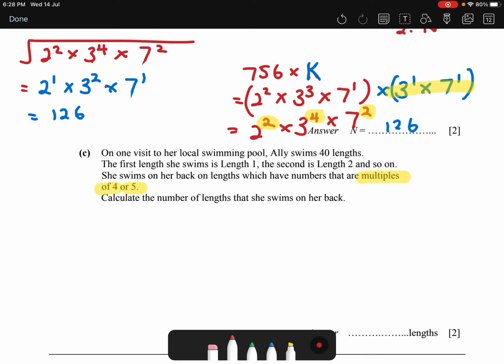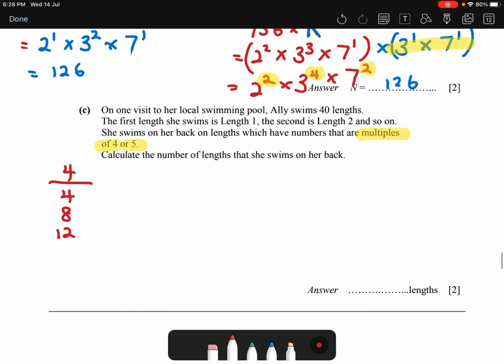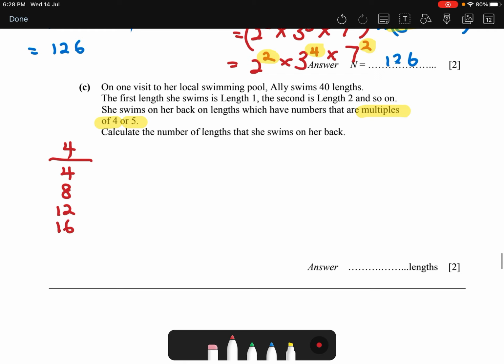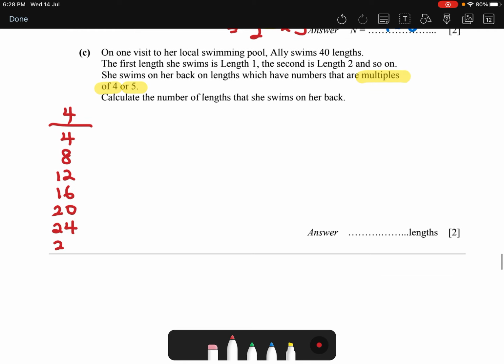This one is simple, because you just need to list out all the multiples of 4 and all the multiples of 5. So 4, 8, 12, 16, 20, 24, 28, 32, 36, 40.